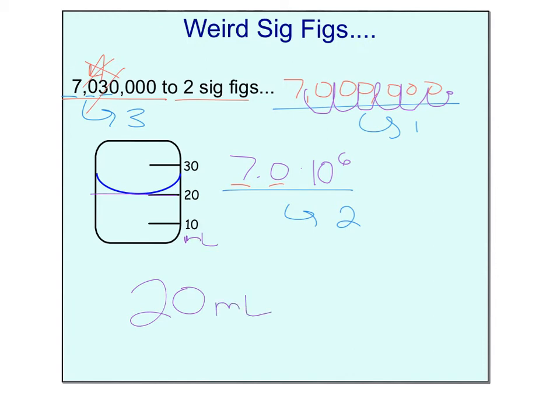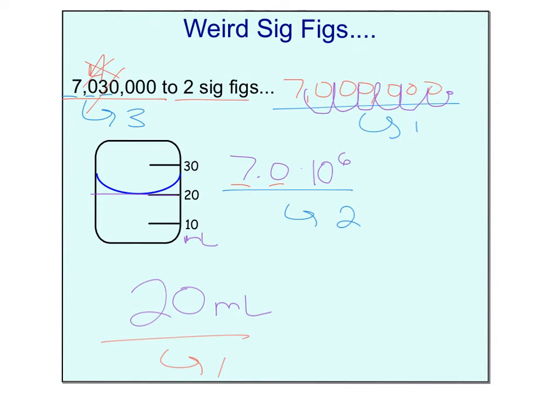But here's the problem with this number. If I were to tell somebody else, hey, I have 20 milliliters of water, and I wrote down this number, they would assume my estimated digit was the 2, because this number only has 1 sig fig. But in actuality, I know the 2, because this went up by tens. I estimated the 0.